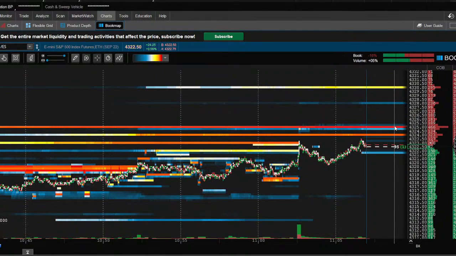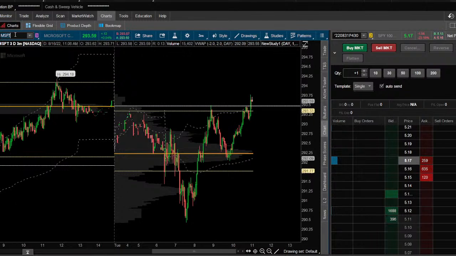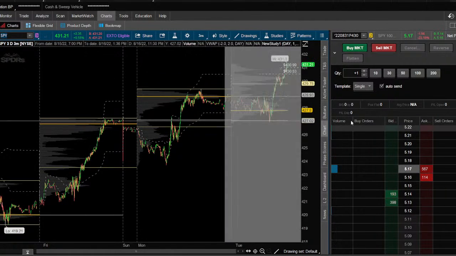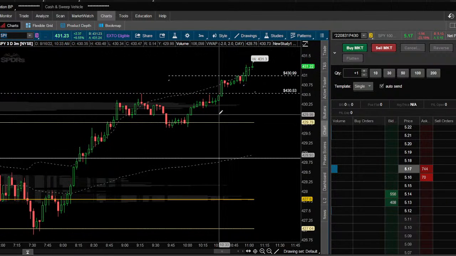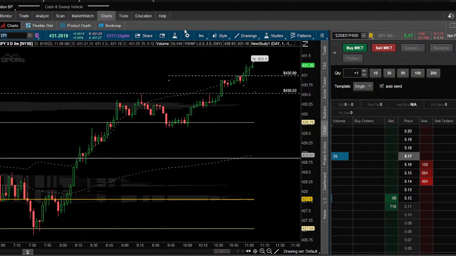So there's liquidity now at 43.25 for the ES. The ES is basically the SPY, everybody, and it's better to look at the ES, especially when you can see the liquidity.